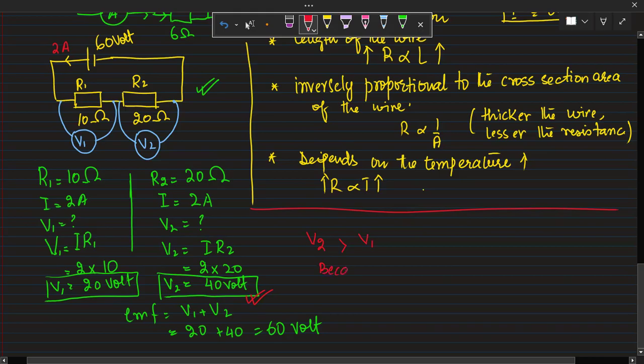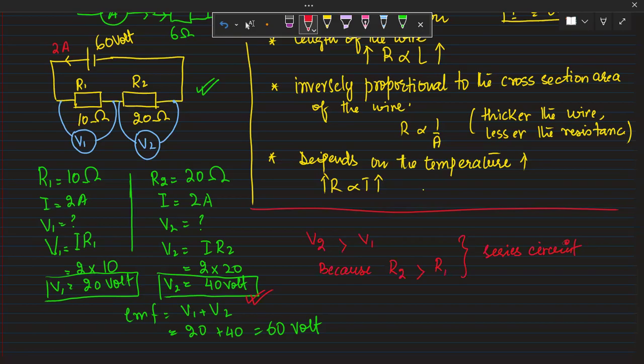Why? Because R2 is greater than R1, right? And this is only for the series circuit. This means if the resistance is greater, the voltage drop across that resistor will also be greater. Okay, I hope this concept is clear.